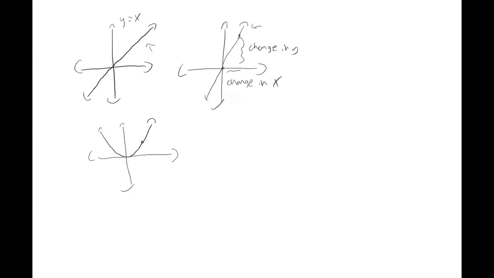When things get curvy, it's hard to find the slope. You know how to find the slope of straight things, you just do change in y over change in x, but you can't do that for curvy stuff. So the goal here is to learn tools to help you find slopes of curvy stuff.